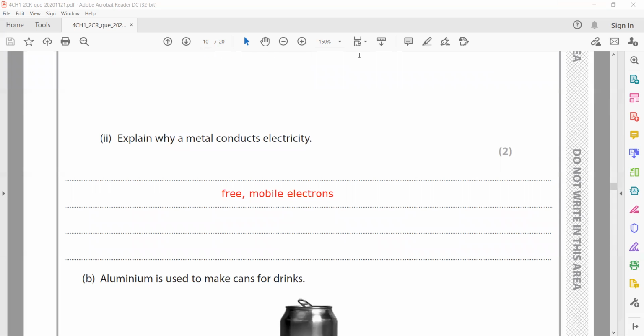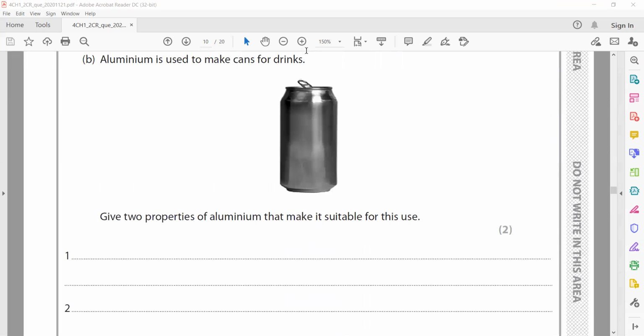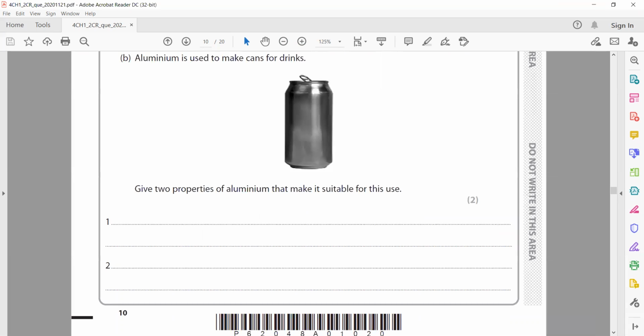Aluminium is used to make cans for drinks. Give 2 properties of aluminium that make it suitable for this use. We are using it for a can, so the 2 properties which make it suitable: aluminium resists corrosion, it does not rust.